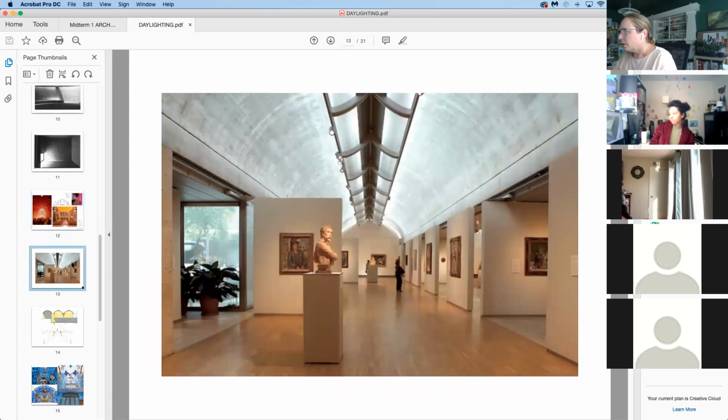And I'm sure you guys are all familiar with this. This is the Kimbell Museum by Louis Kahn.